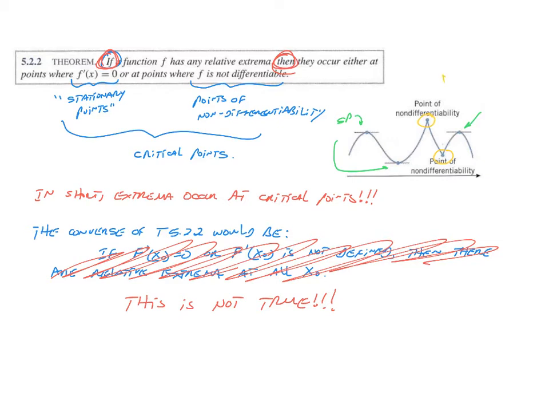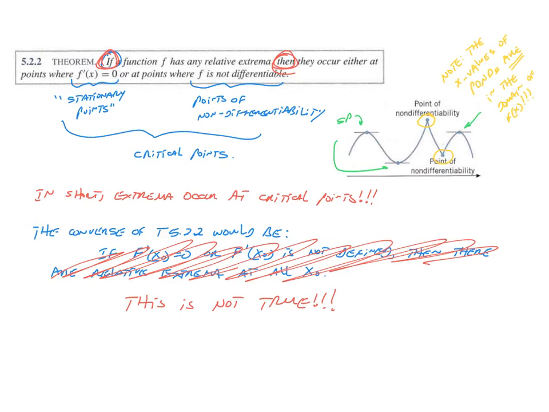So note the x values of, after I said I wasn't going to abbreviate it, now I have to abbreviate it, PONDs, which is weird because non-differentiability is one word. I don't know why I'm using an N and a D. Because pond looks funny. Are in the domain of f of x.